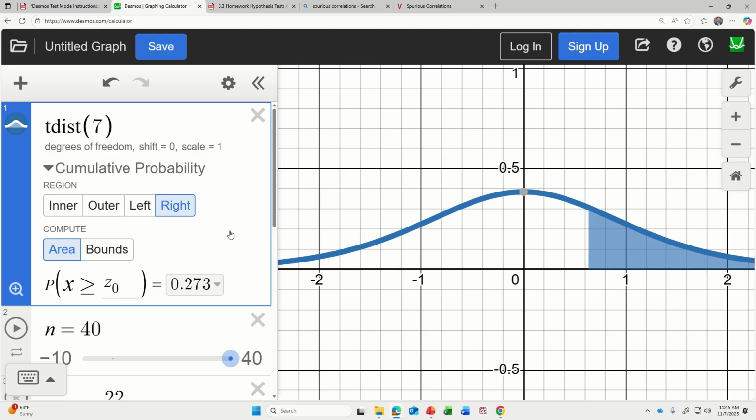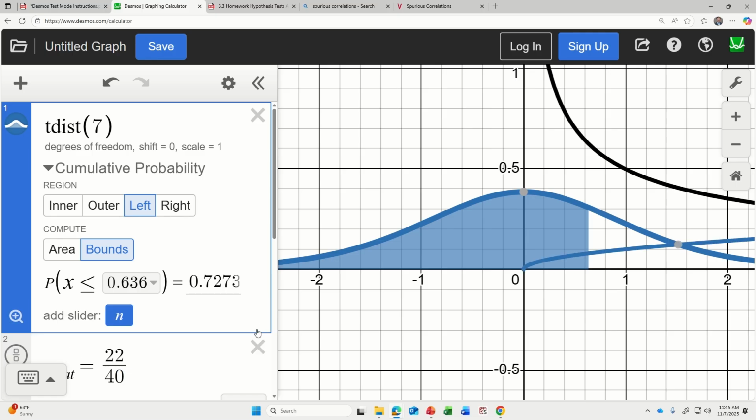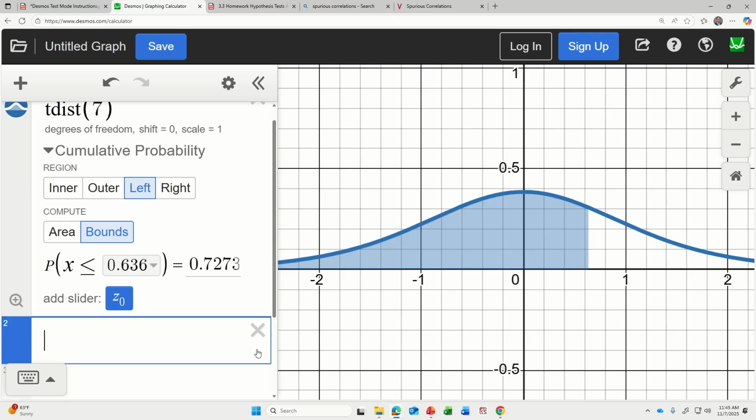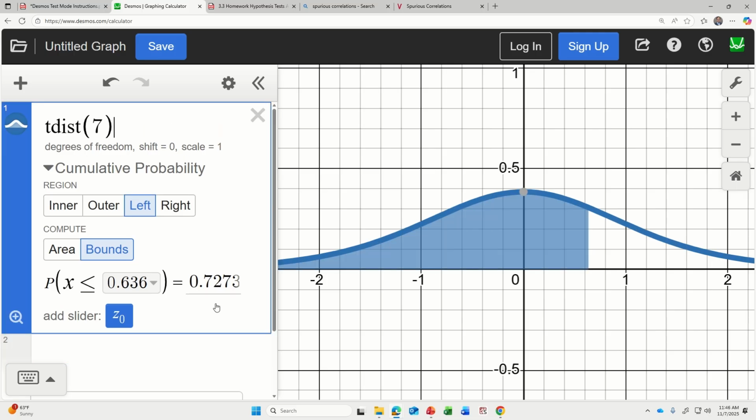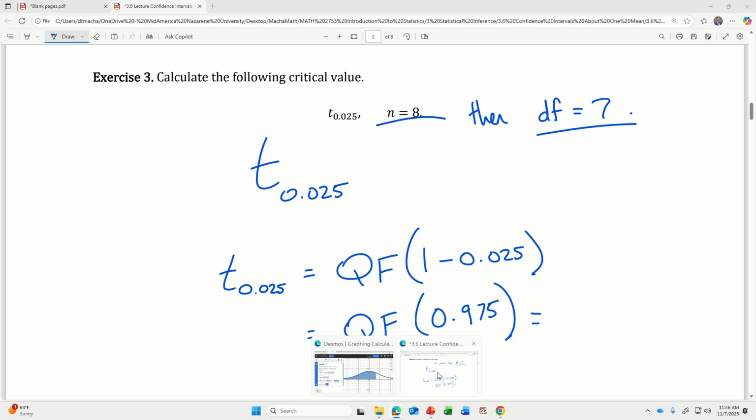I want the quantile function, so I'm going to choose left bounds to get the quantile. And then where it asks me, the blank right here, this is where I'm going to put in 0.975.